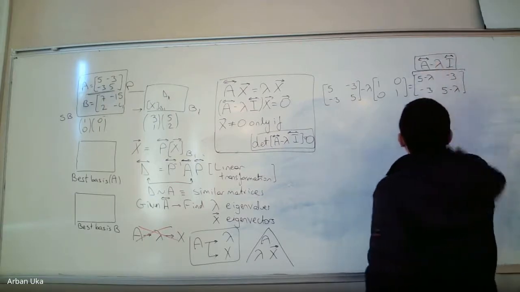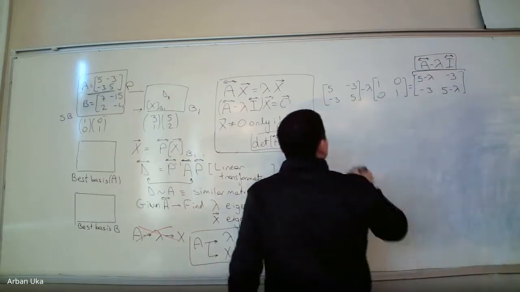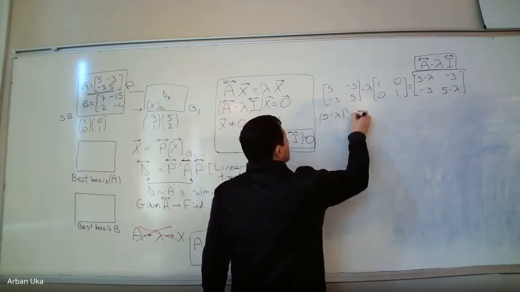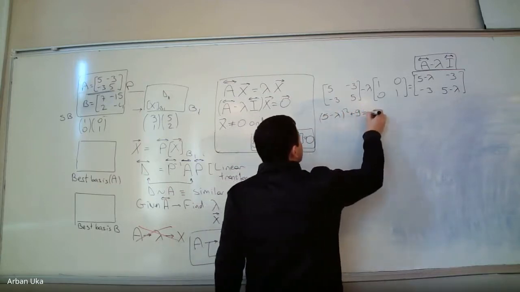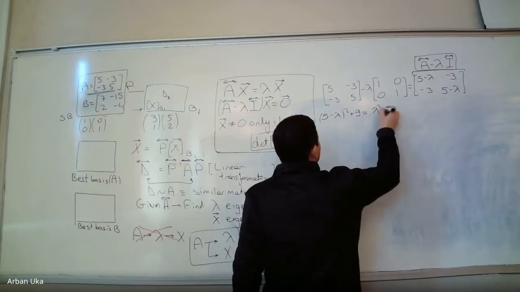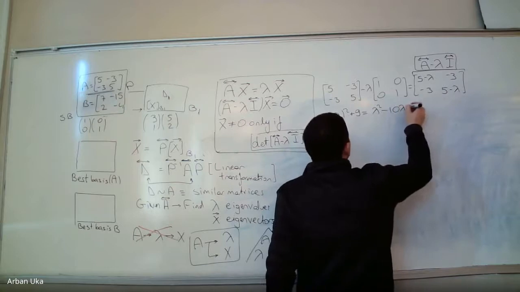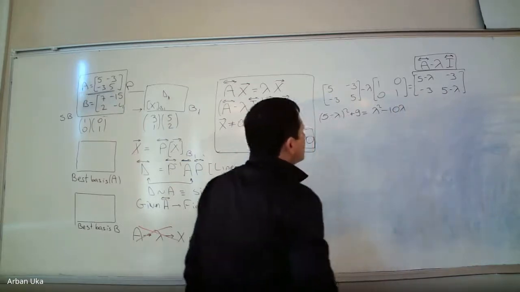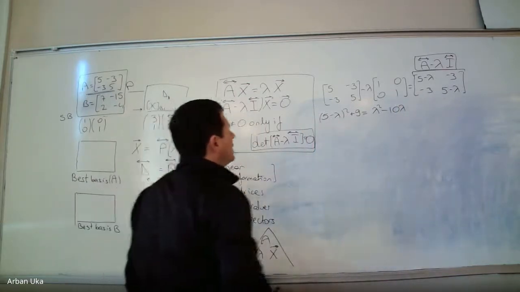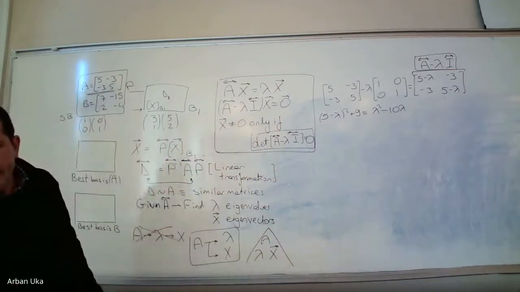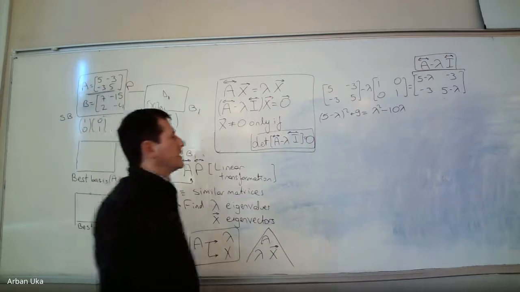Then the determinant of this expression is equal to 0, where we have 5 minus lambda all squared plus 9. This is equal to lambda squared minus 10 lambda. Well, wait a second, is this plus 9? Somebody can help me here?